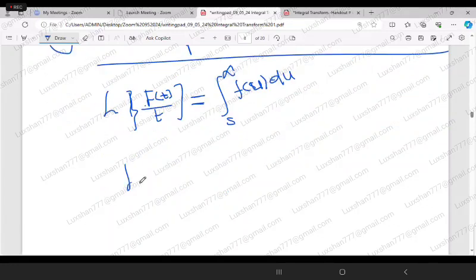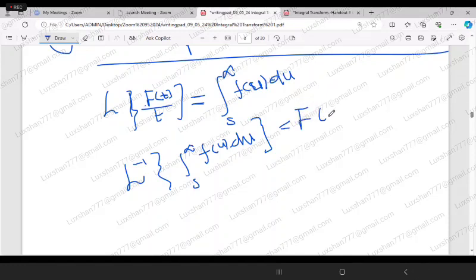Therefore, the inverse Laplace transform of this integration from s to infinity of f(u) du is simply f(t) divided by t.